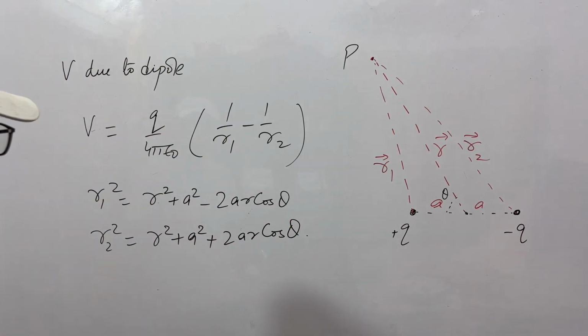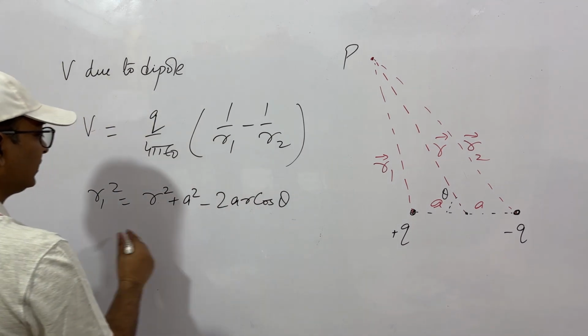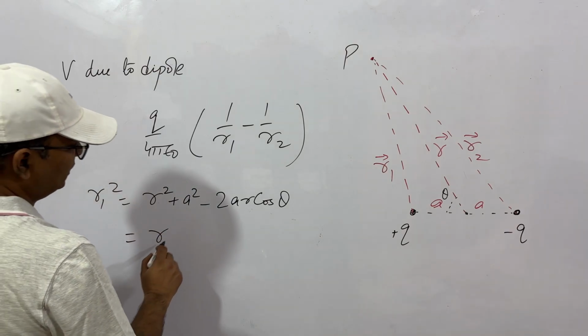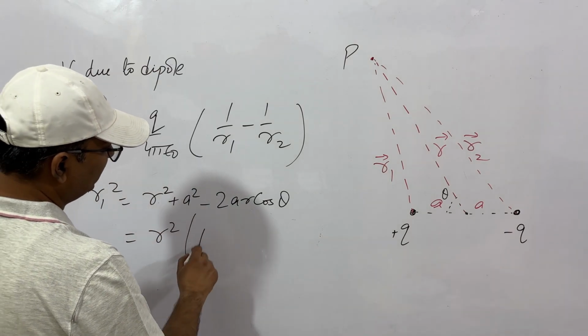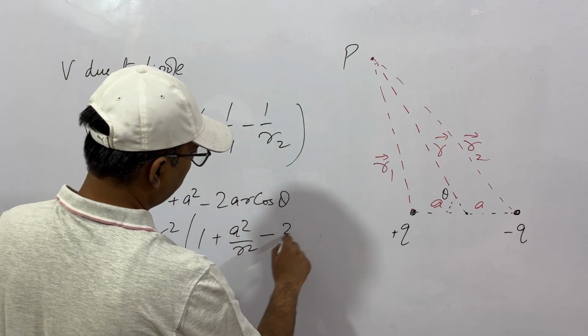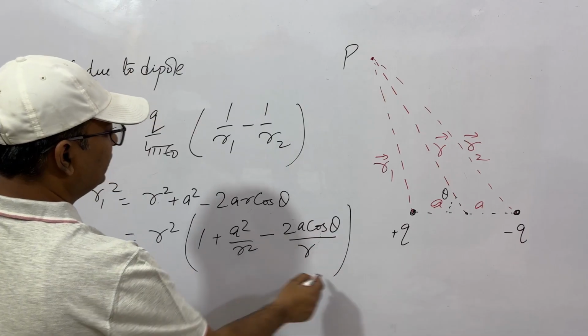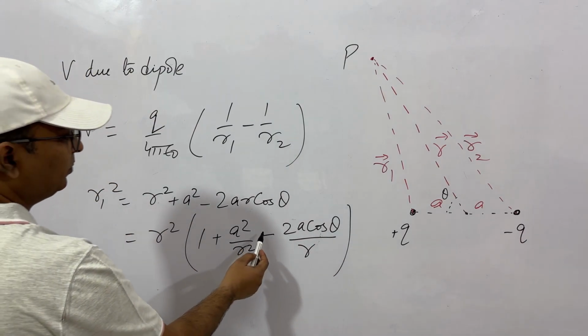This is geometry. If I work on one, the other will be just minus and plus, the difference will be minus and plus only. So if you take R square out, it will be 1 plus A square by R square minus 2A cos theta by R. For the second one, that is R2, this will be plus, nothing more.